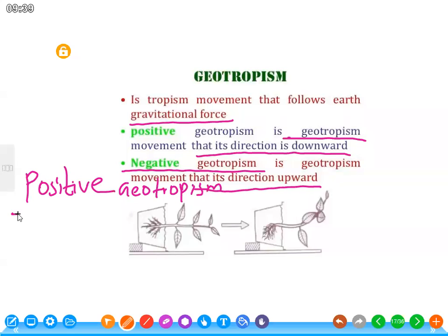What is the example? In positive geotropism, roots grow down.